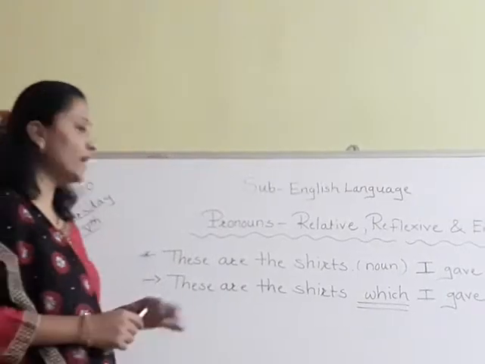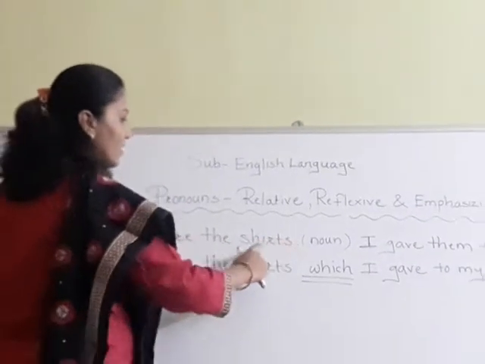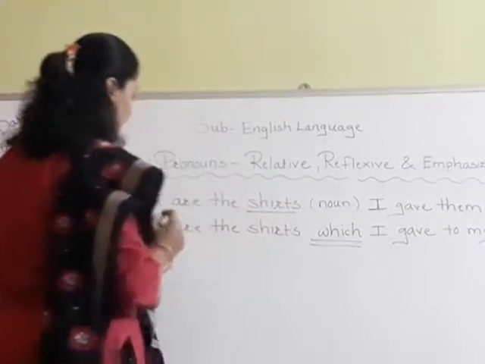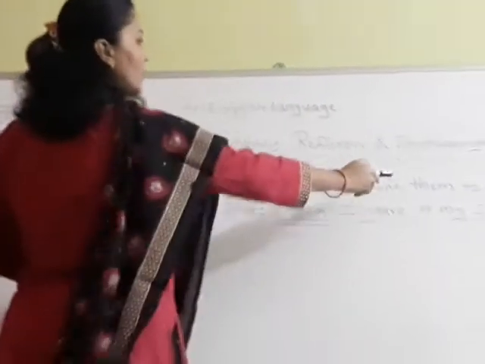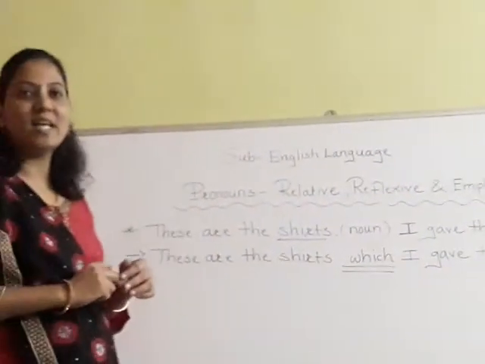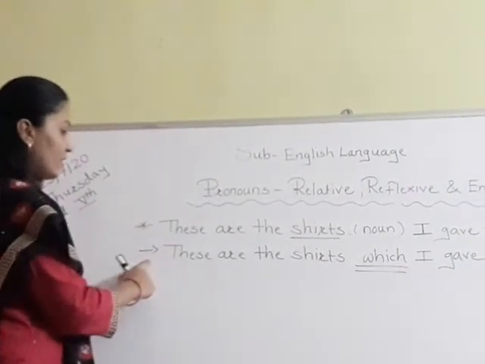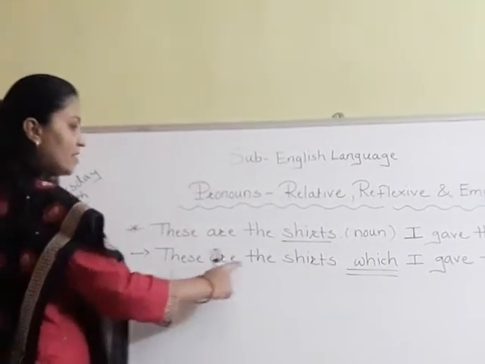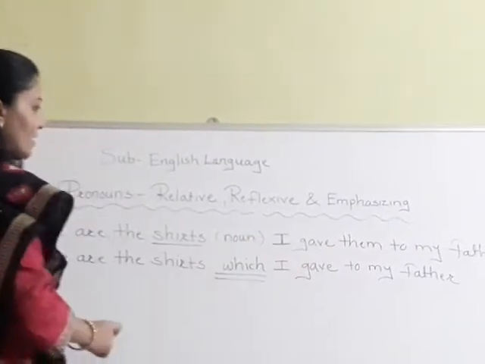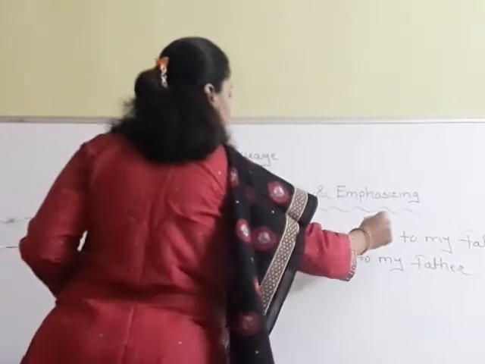Now students, look at this sentence. These are the shirts, and shirt is a noun here. These are the shirts. I gave them to my father. And we have to use a relative pronoun in this sentence. So we will write like this: these are the shirts which I gave to my father. And from the above sentence we have to delete them.